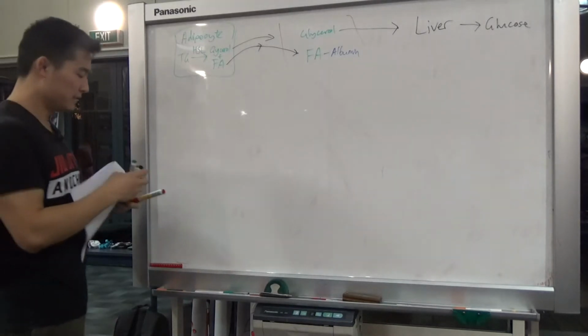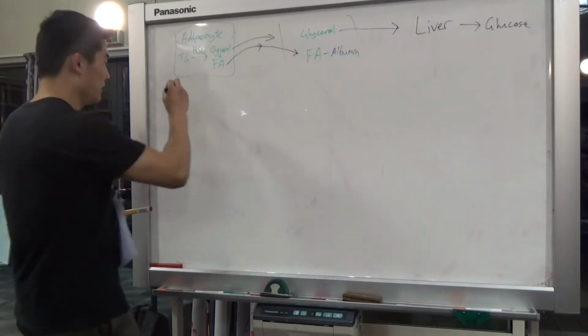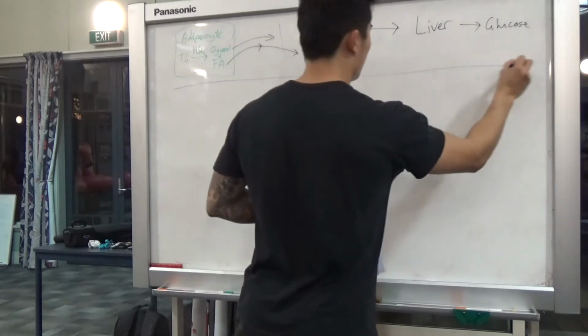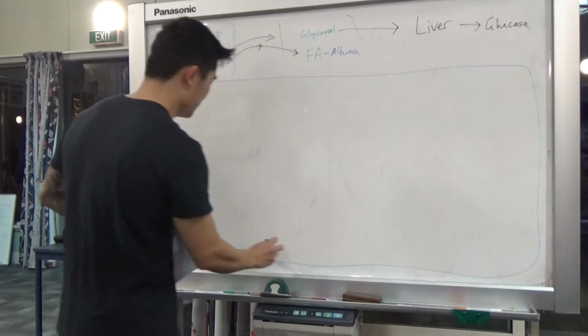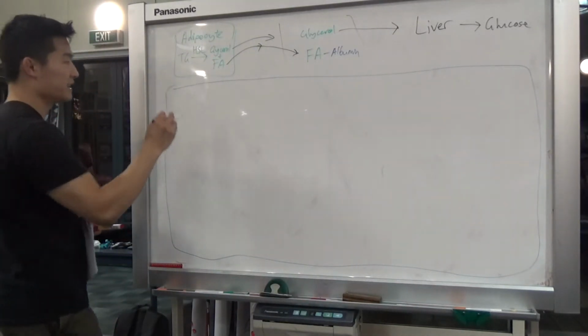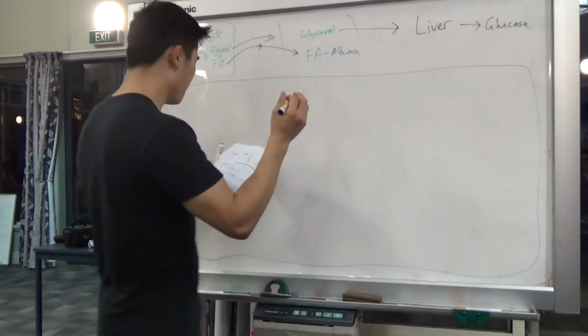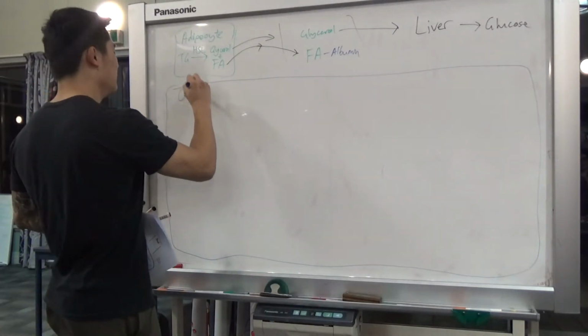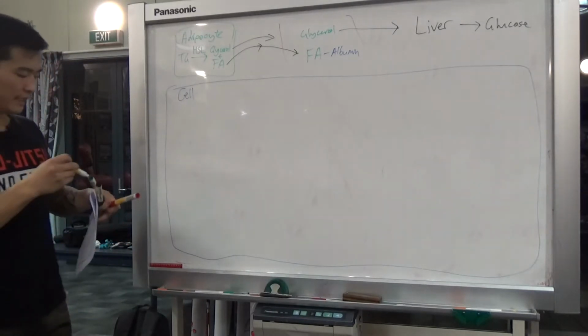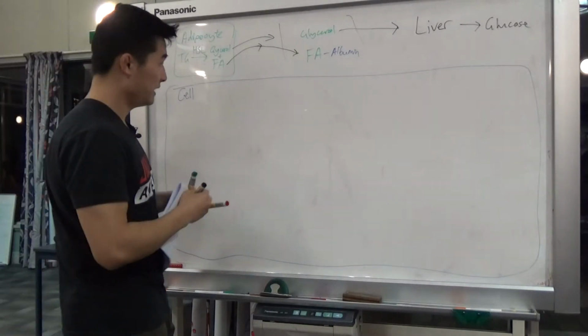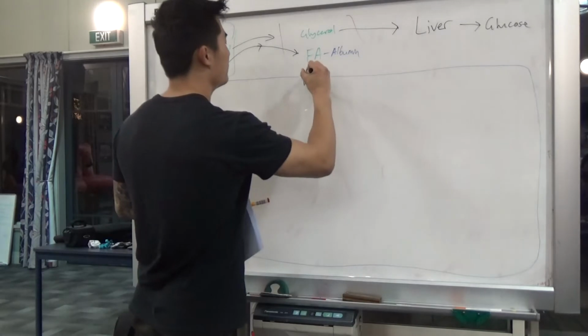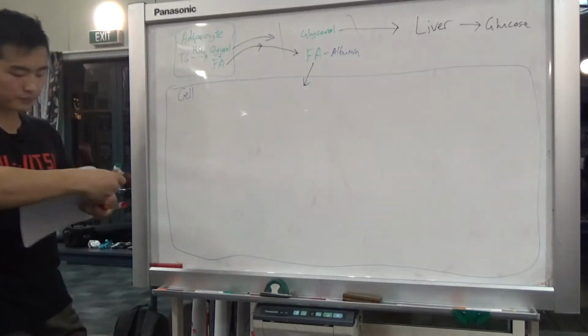And then you have this big cell. In this diagram I've made it big just so that we have enough space. So this is our cell. And the fatty acid is going to be taken up by the cell.